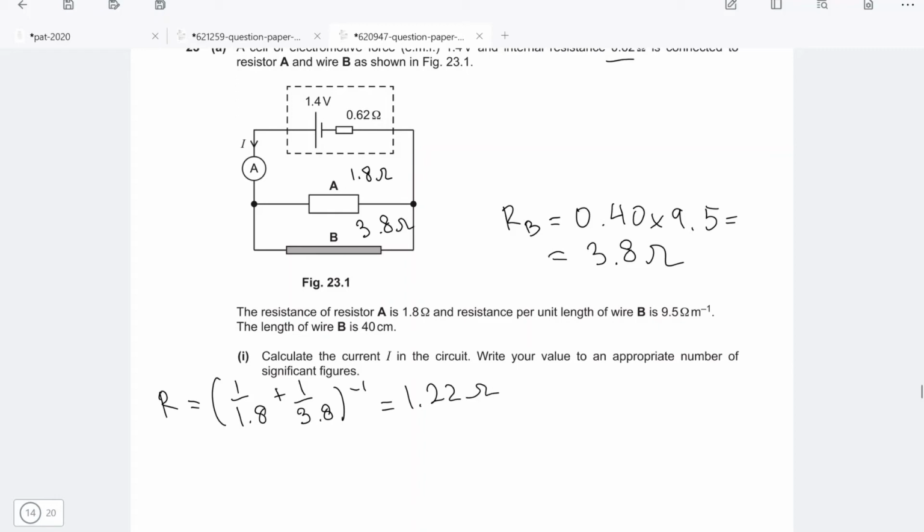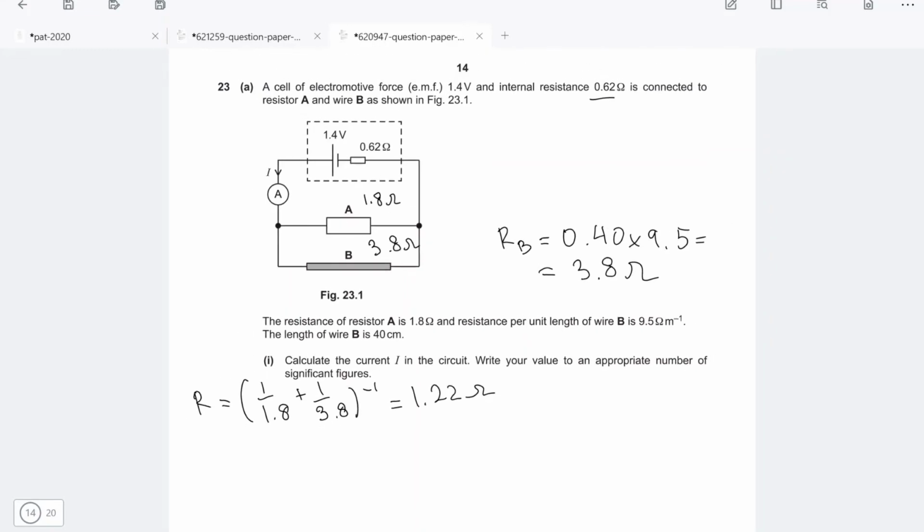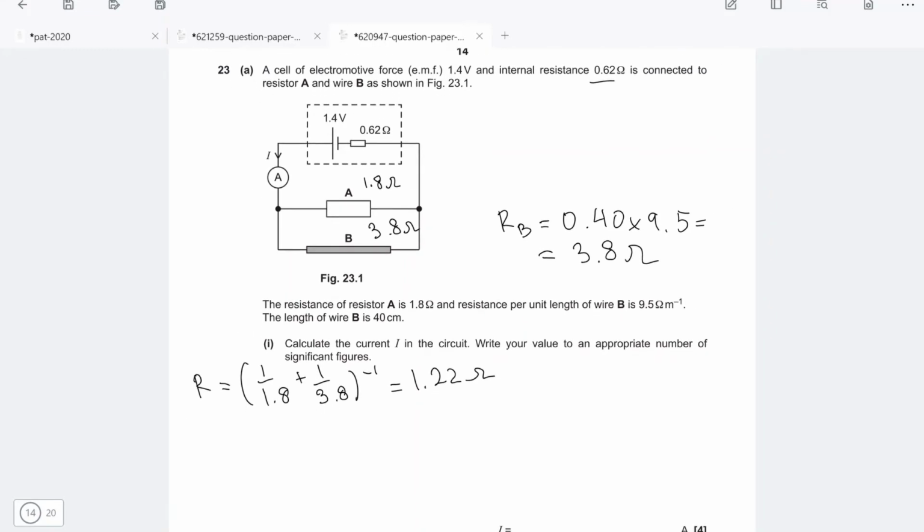1.22 ohms. Now, once we have the resistance of the circuit, we are ready to calculate our current. The formula which we're going to use is that the EMF is equal to our current times the resistance in the circuit plus the internal resistance.